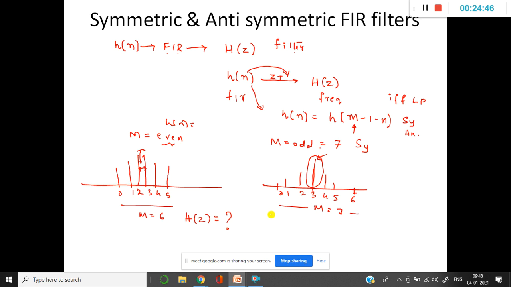You will be asked to derive h of z when h of n is symmetric and m is odd, or h of n is symmetric and m is even. In such cases you are supposed to derive this, and today we'll look at one of the cases where h of n is symmetric and m is odd.